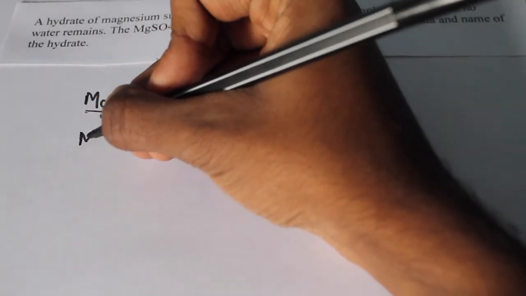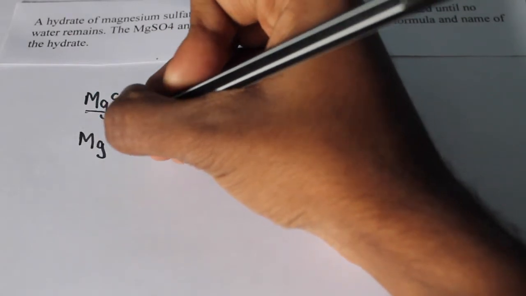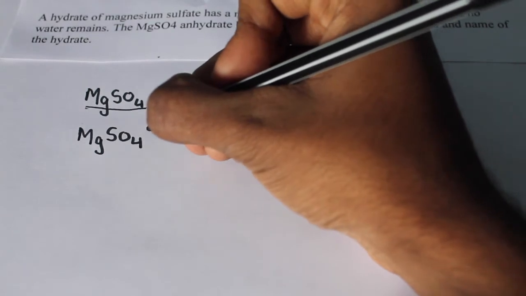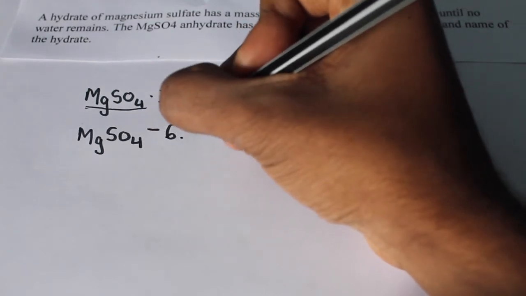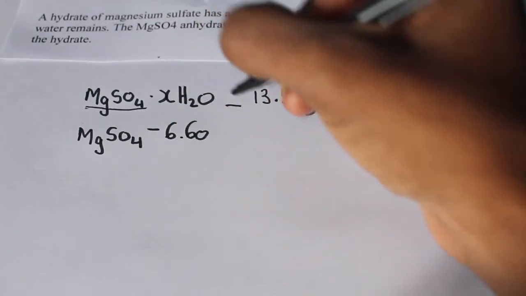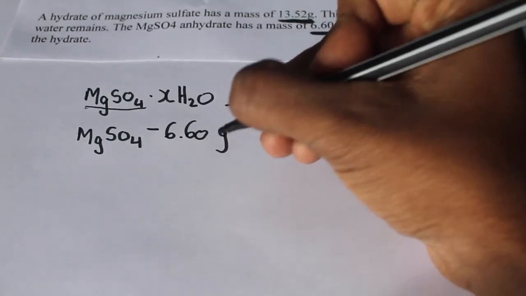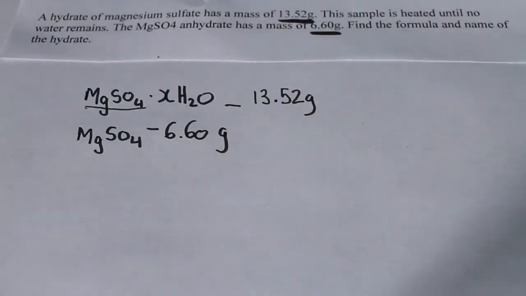And we have 6.60 grams of our anhydrate, which is magnesium sulfate. So, magnesium sulfate is 6.60 grams.